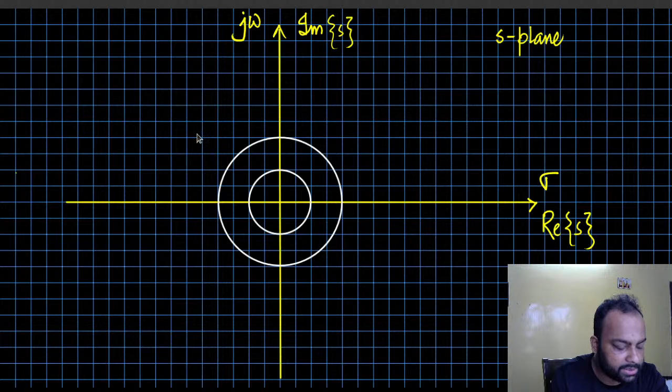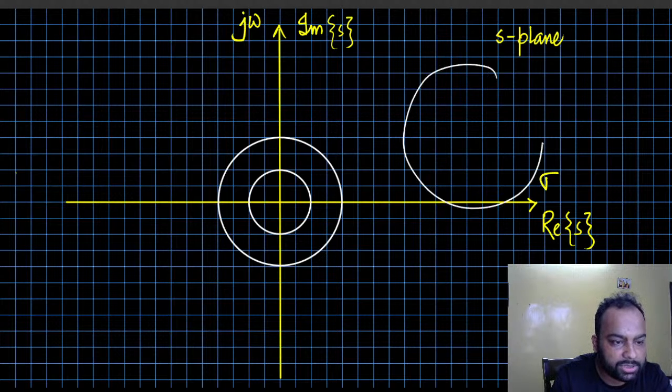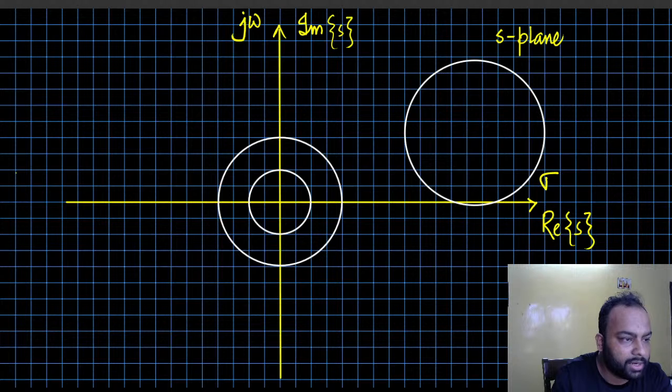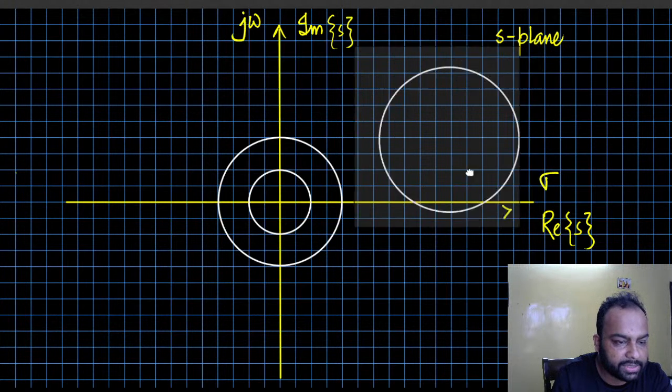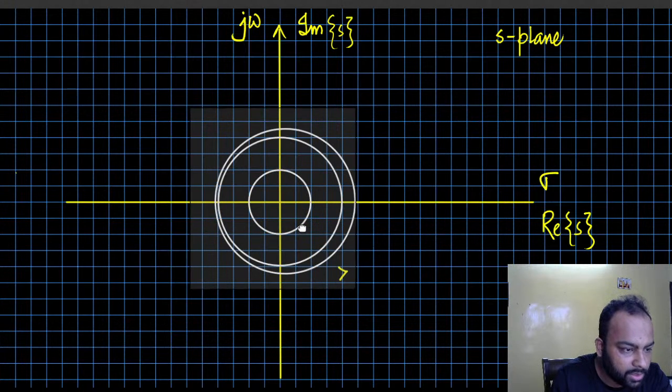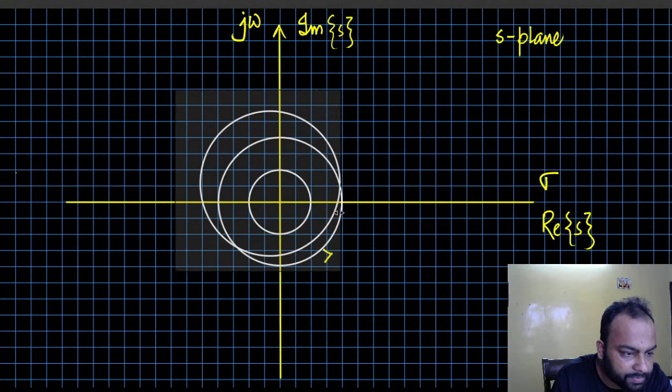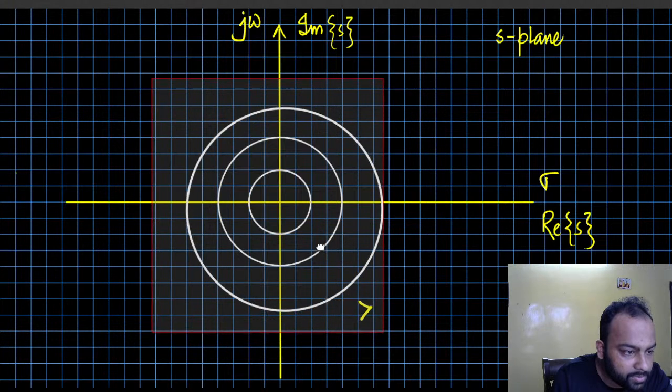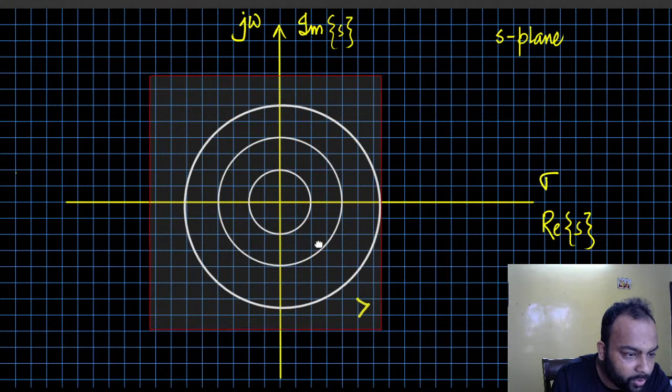I made a mistake. Let me just draw a circle from this one. Okay, I will take care of that. So this is what happens when you cannot draw, but you still try to draw.